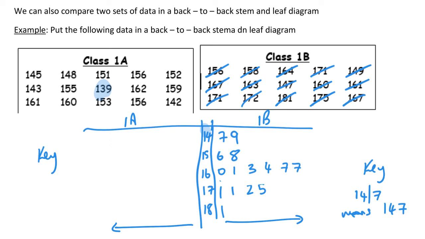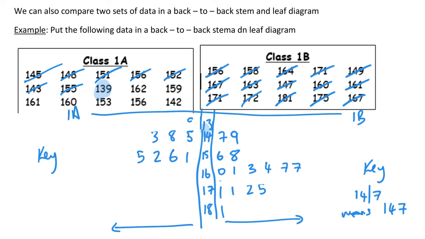So going through the values in 1A, we start off with 145, so we're going to put that to the left of 14, and then 148, and then 151, 156, 152, 143, 155, 139, 162, 159, 161, 160, 153, 156, and 142.